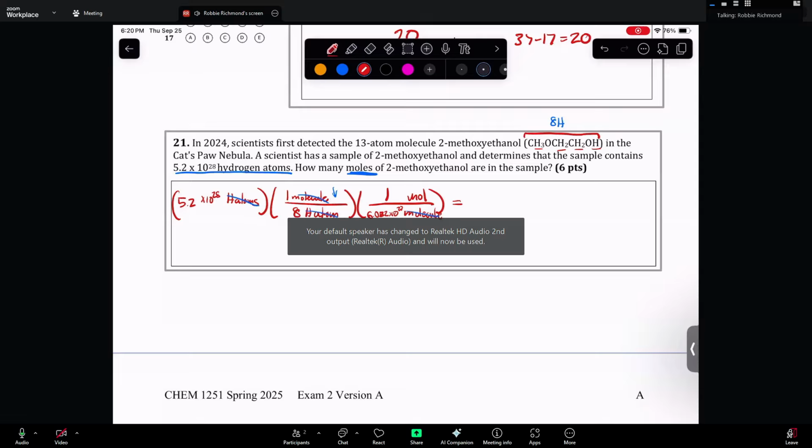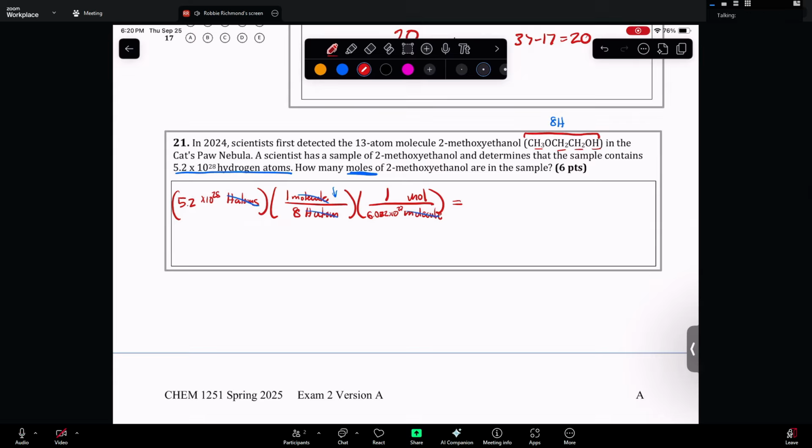So what that's going to look like in your calculator, I don't have a view of it. Unfortunately, I do want to figure out how to do that. But you're just going to take 5.2 times 10 to the 28th times 1 times 1, hit enter into the calculator. Then you're going to hit divide and take 8 times Avogadro's number and make sure that this is all in parentheses.